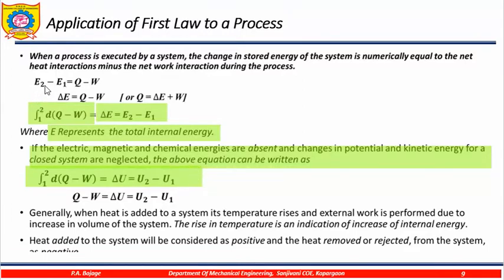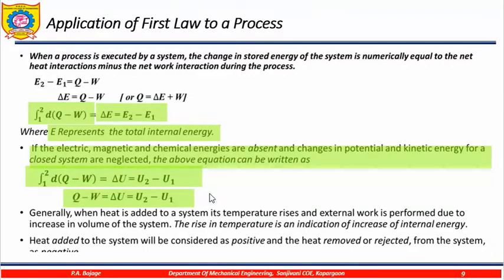Again, E2 minus E1 and U2 minus U1 are the same kind of change: it is the energy, and this is the internal energy change, because stored internal energy can be a potential energy which can get converted into a kinetic energy. So this equation becomes Q minus W is equal to delta U, that is U2 minus U1.